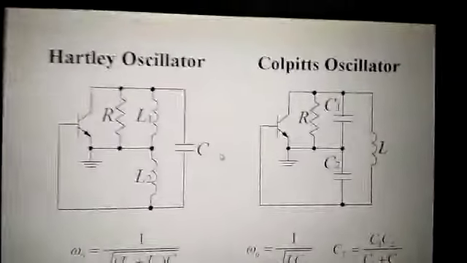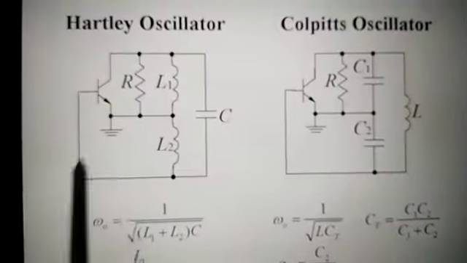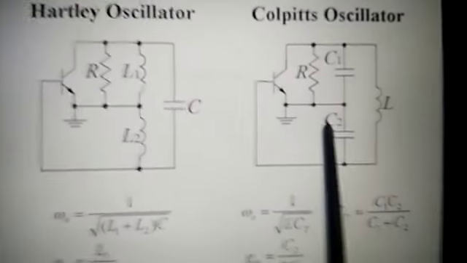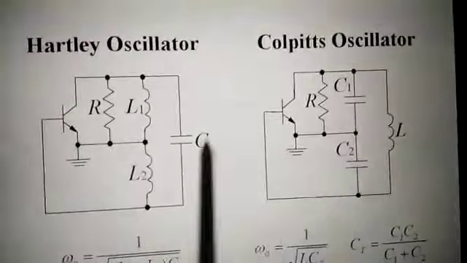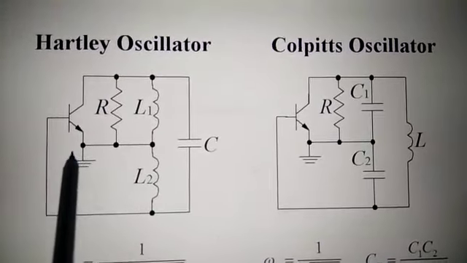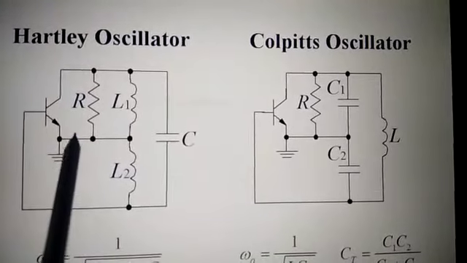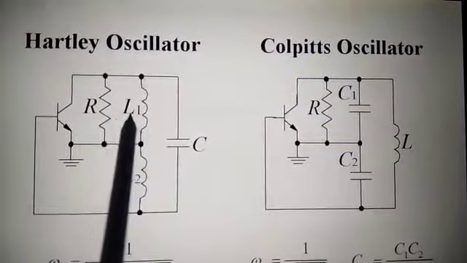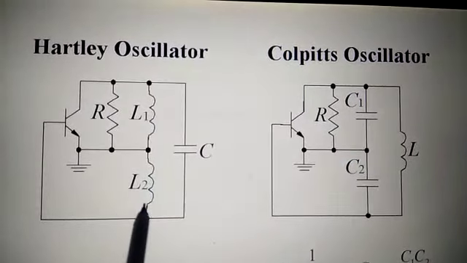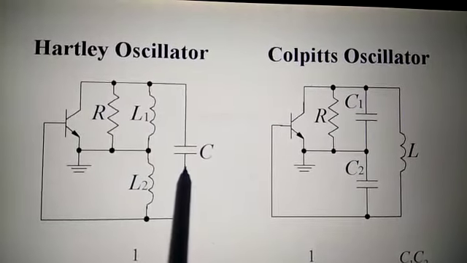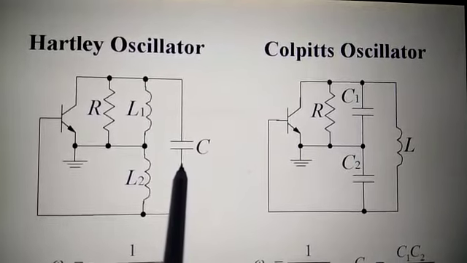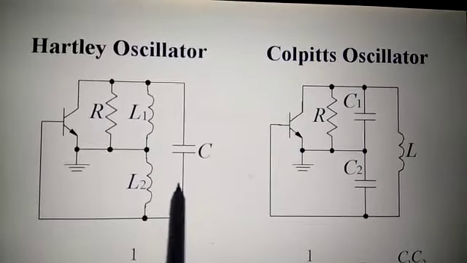These are the two circuit diagrams of the Hartley oscillator and the Colpitts oscillator using a transistor. Very simple to remember. Here we use two inductors L1 and L2 in series along with a parallel capacitor, which is called a Hartley oscillator.